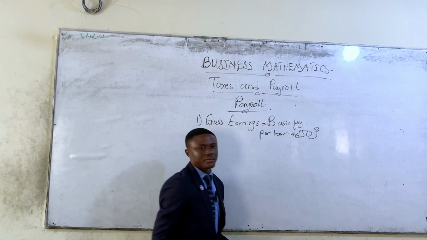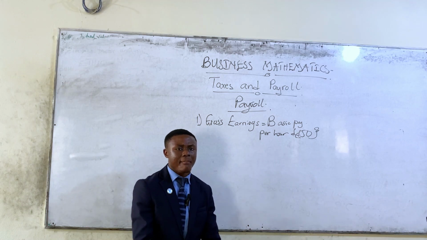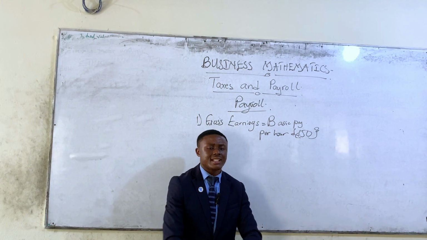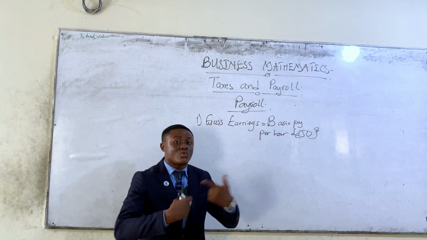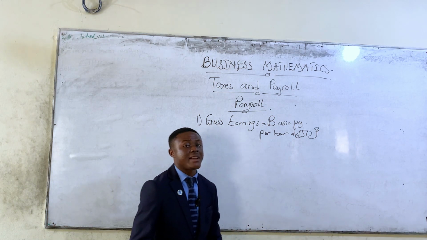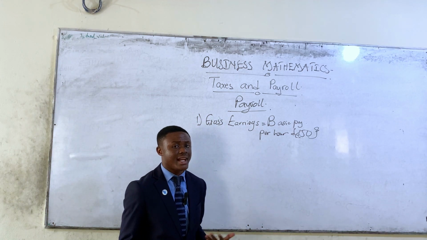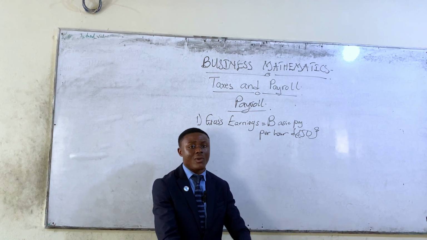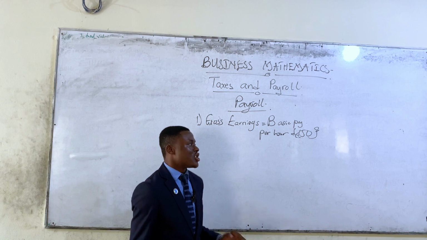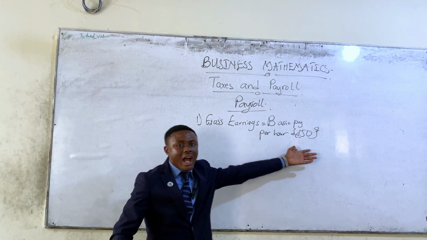Cedis. So the basic pay is my normal number of hours worked multiplied by my hourly rate. If I'm expected to work 8 hours a day, and it is mostly in law that everyone has to work 8 hours a day, it means your normal number of hours in a day is what? 8 hours.